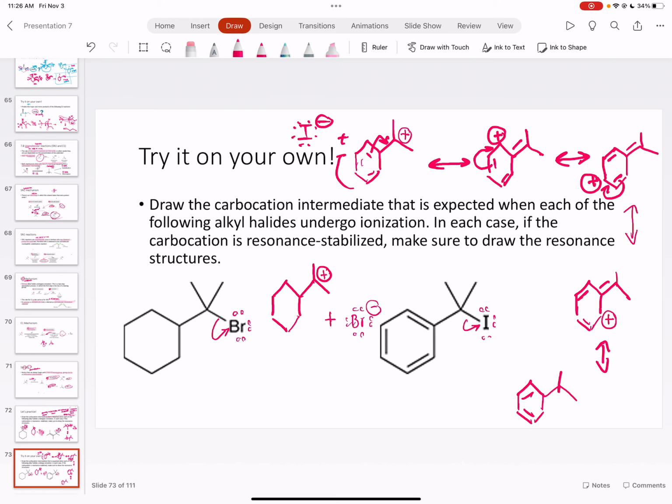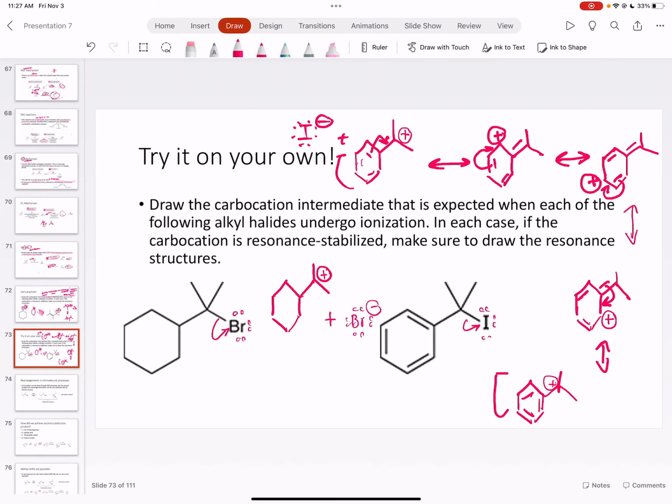Then I'm gonna do that again. I'm gonna place one of my double bonds next to my positive charge, giving rise to this product right here. And this will be all my resonance structures. So I will have a total of 5 resonance structures for this figure.